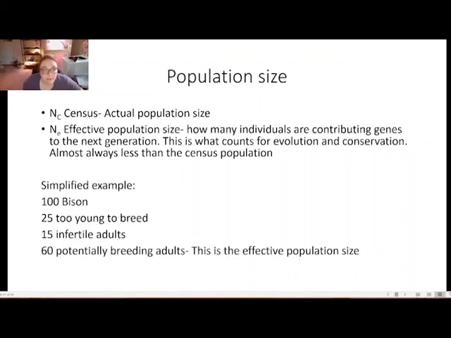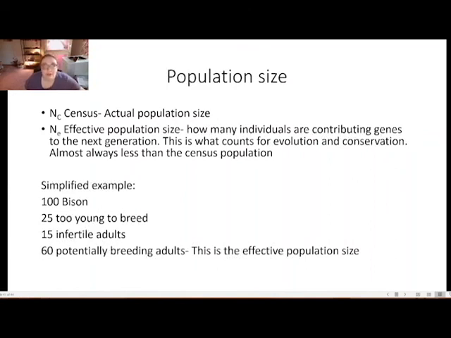The effective population, for a simplified example, would be, let's say you have 100 bison. 25 of those bison are juveniles. They're too young to breed. 15 are adults above the breeding age and they're infertile. They're not able to breed anymore. Then you have 60 potentially breeding adults. Your effective population size is 60 because these are the only individuals that can be contributing to future generations right now.